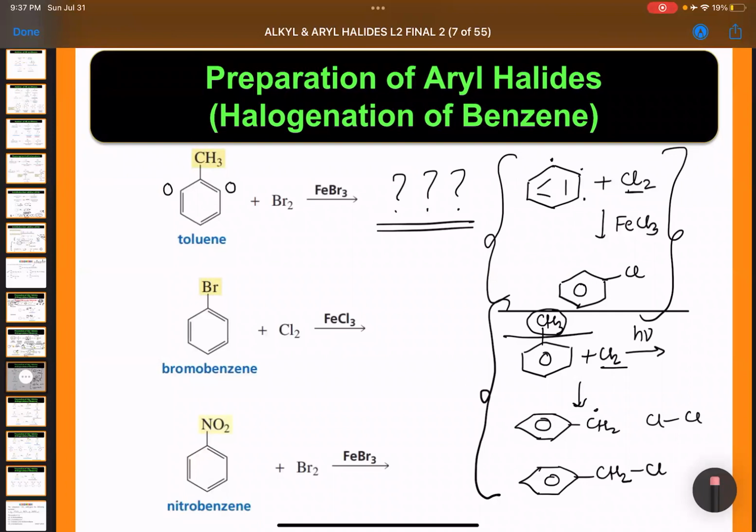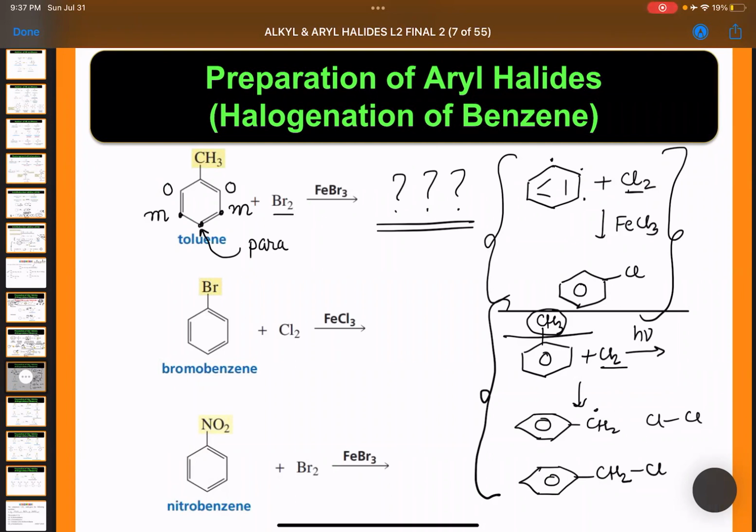Okay, or you can put the Br at the meta positions. These are the meta positions. Or you can put the Br at this position which is directly opposite to the methyl. This is para position. It is represented by P.